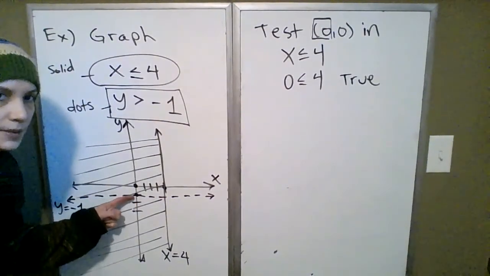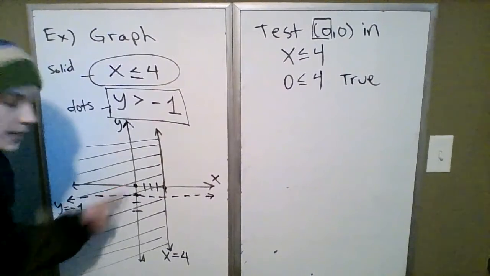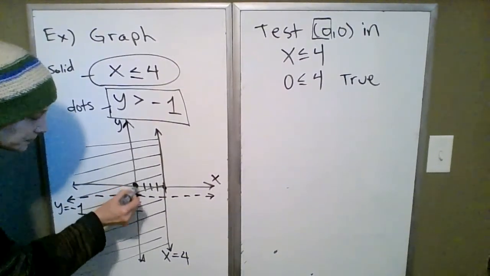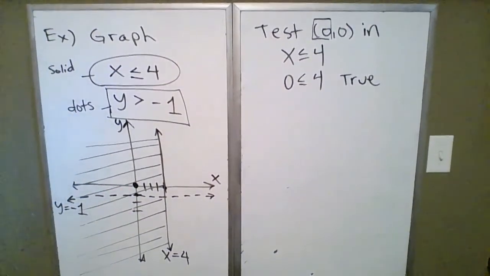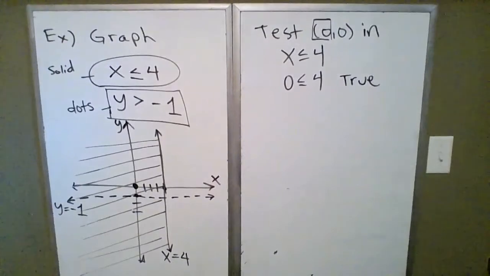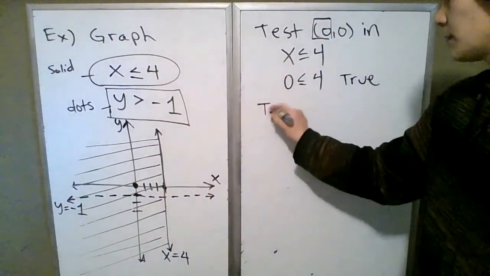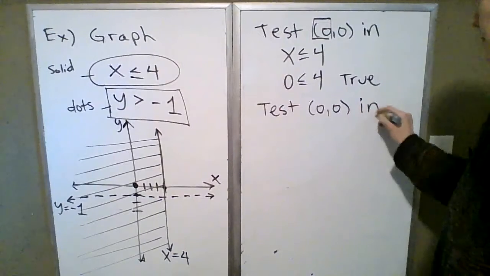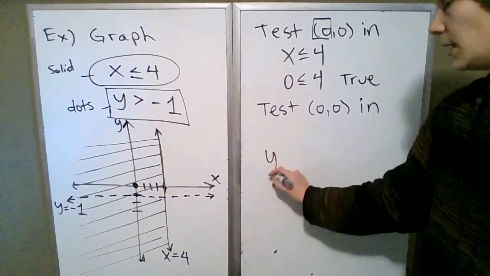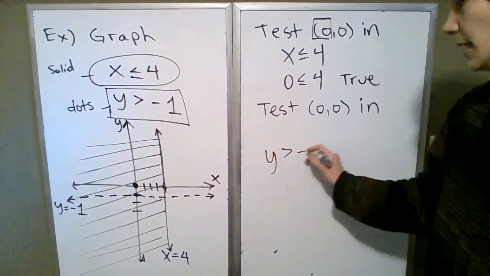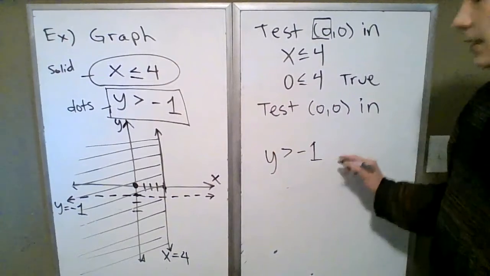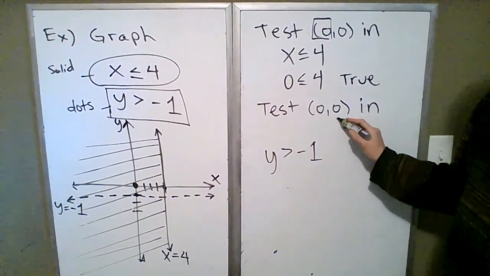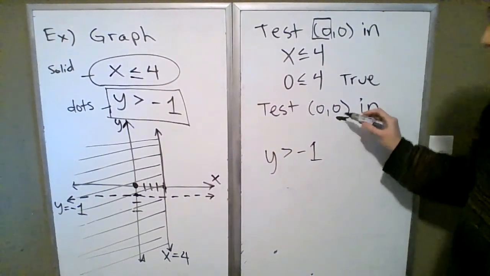And then for this line, we'll go ahead and test the origin again, 0, 0. I'm putting it into the inequality y greater than -1. So from the test point, I'm just taking the piece that has the y value.